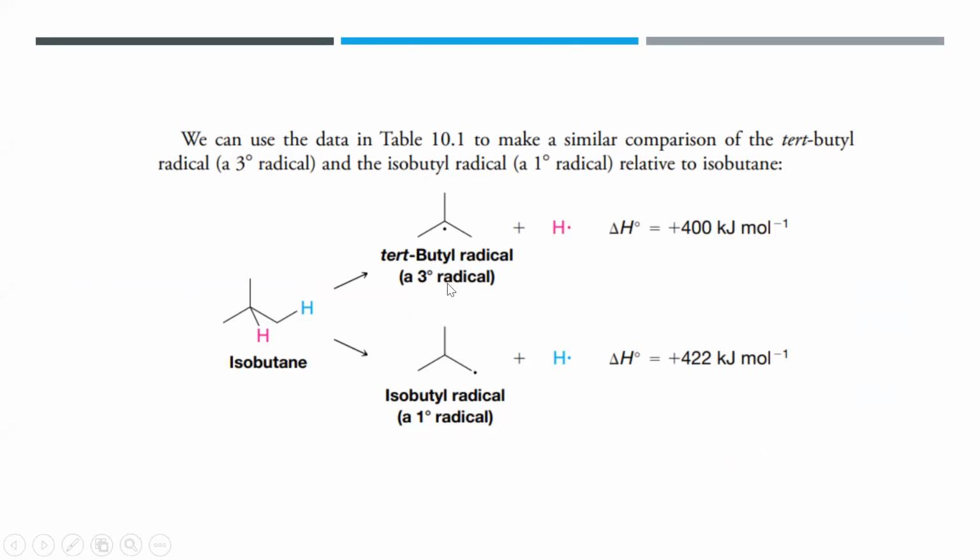The energy required to break the carbon-hydrogen bond in homolytic bond cleavage to form a 3-degree radical is much less, this one in red. You only have 400 kilojoules per mole, compared to the bond breaking process of the carbon-hydrogen bond to produce a 1-degree radical in blue, which requires a larger amount of energy, 422.